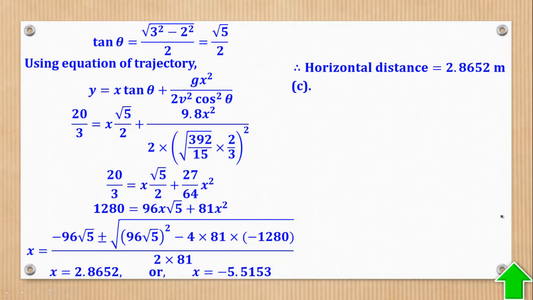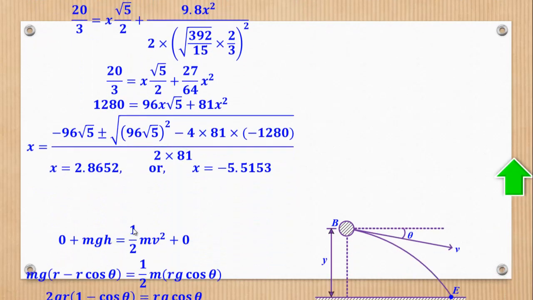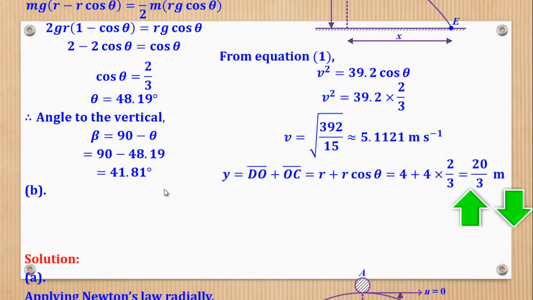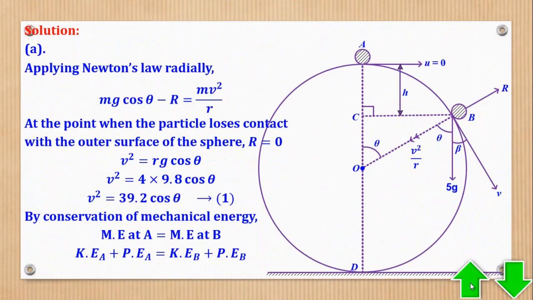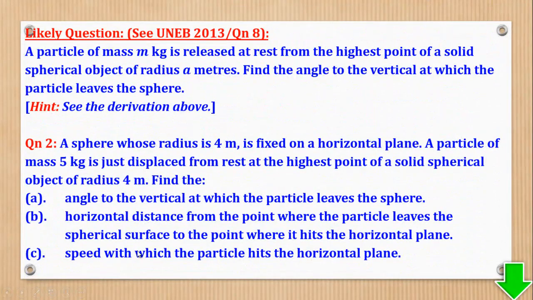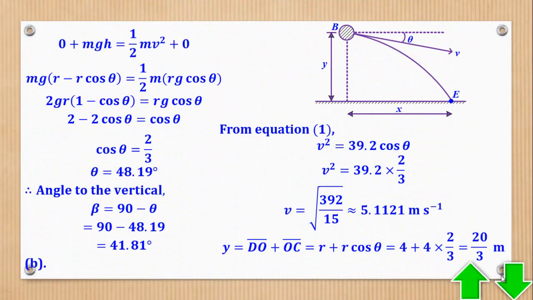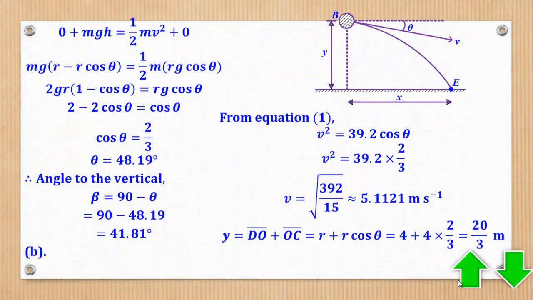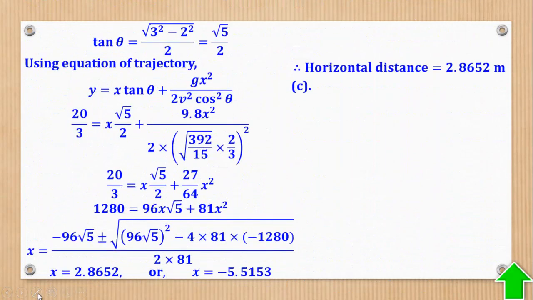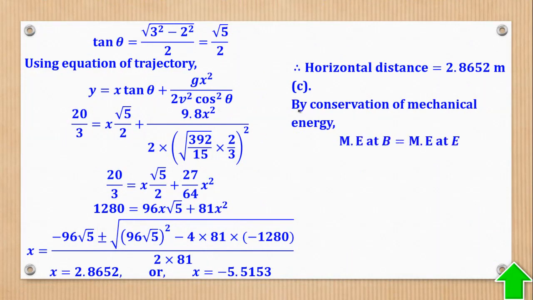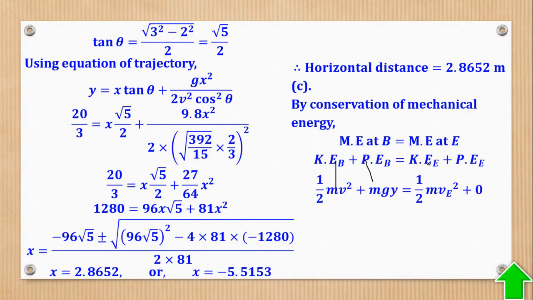Then for part C, they said find the speed with which the particle hits the horizontal plane. By conservation of energy, we shall substitute kinetic energy and potential energy.